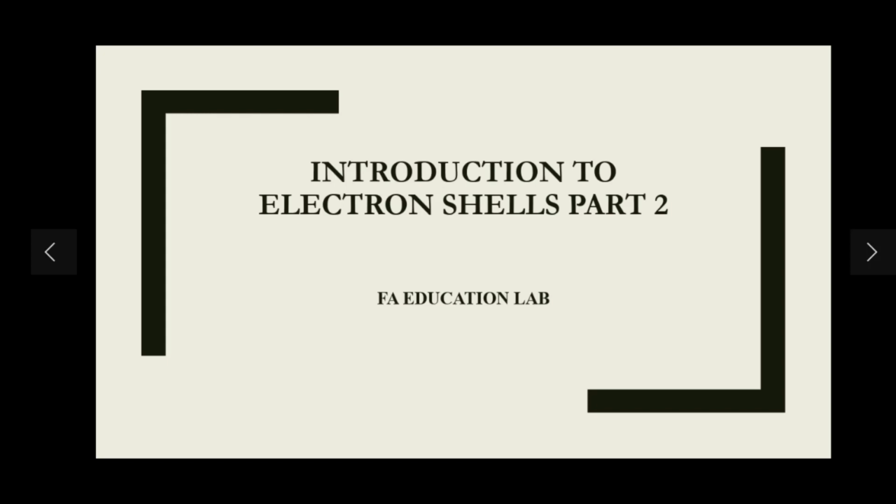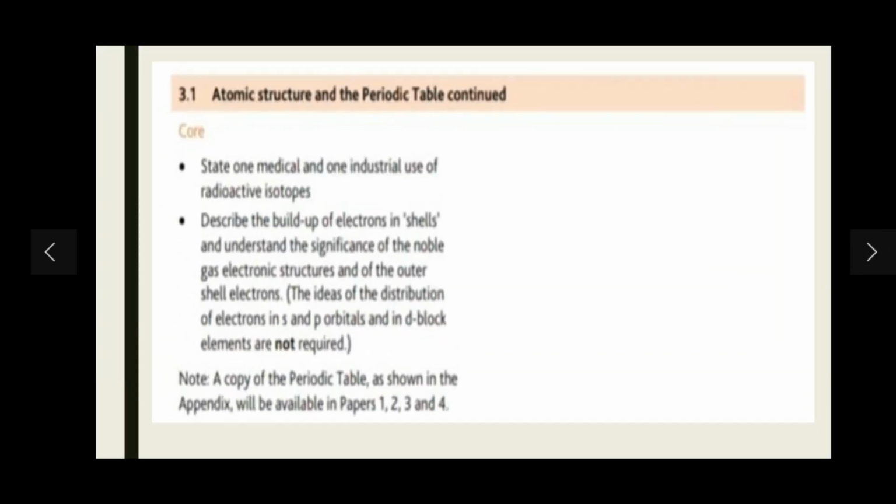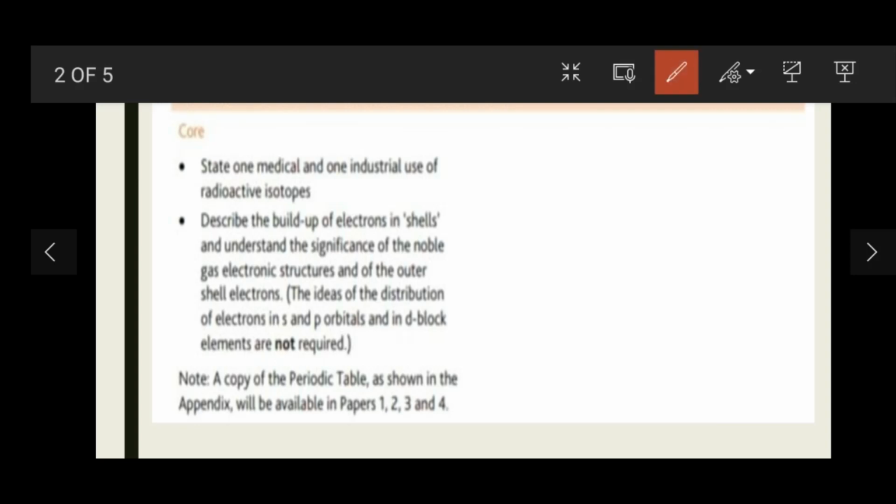So before we get started with the topic, let's have a look at the syllabus. According to our syllabus, we have already covered isotopes, and if you see this part, we will be discussing only half of this in this video.